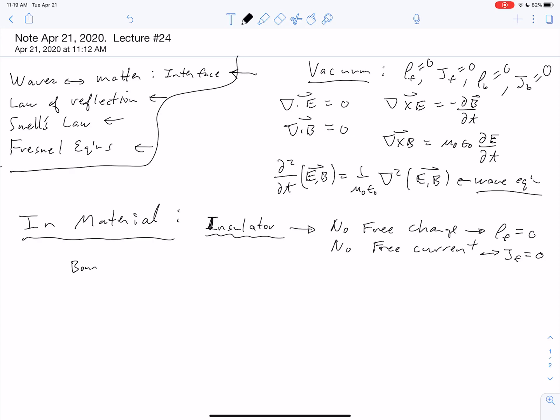Bound charge and current don't necessarily equal 0. In other words, we can have rho bound not equal to 0. We can have J bound not equal to 0. And of course, there's always that pesky little polarization current, which also might not equal 0.